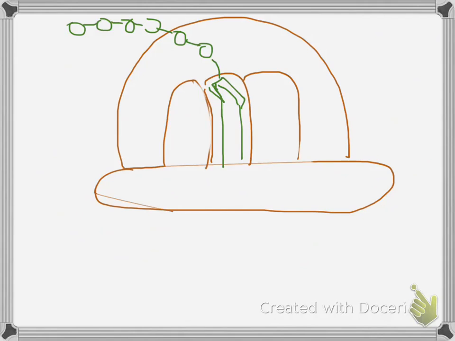Our mRNA is still through here, and we've got our codons. Now the key is this time, this codon right here is a stop, which means there are no tRNAs that correspond to it. So the question becomes, what is going to happen?